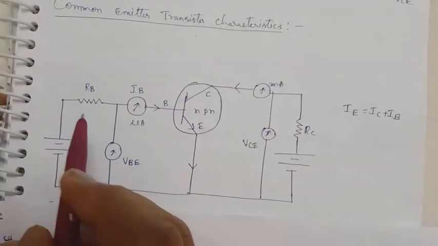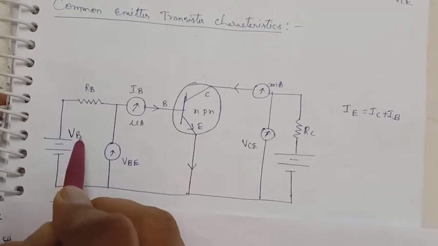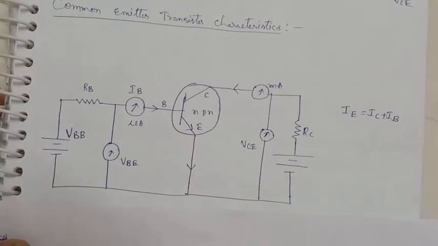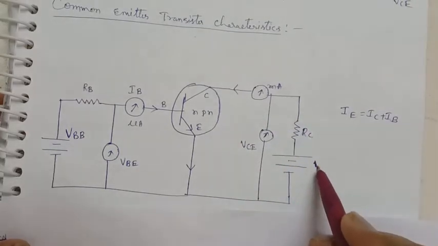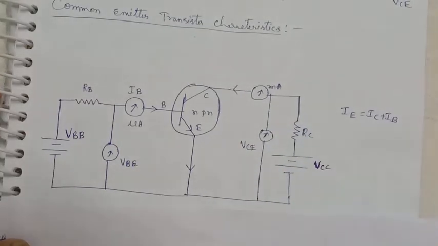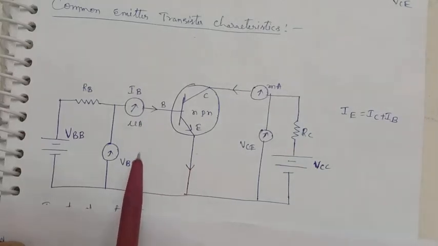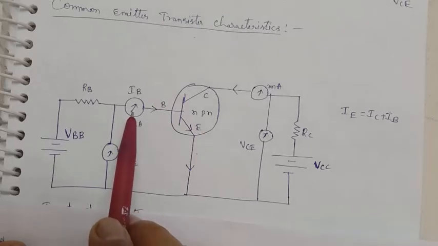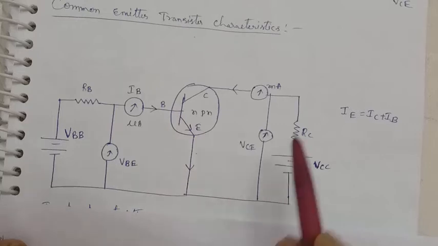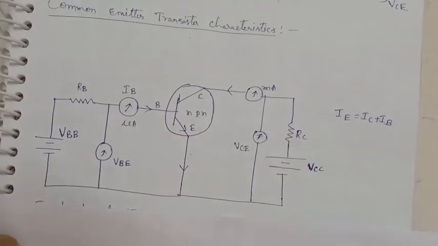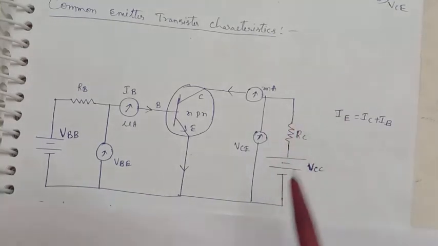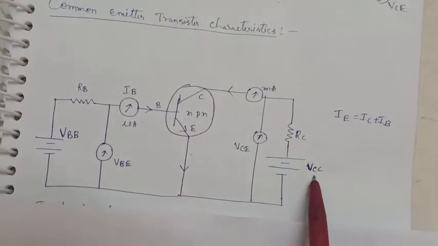The input voltage is VBB and the output voltage is VCC. The change in voltage from base to emitter is VBE, and the change in current through the base is IB. In a similar manner you have to connect the output voltage VCC.